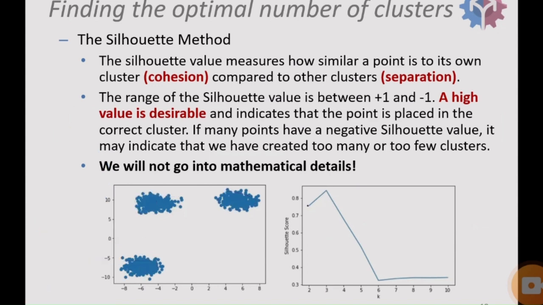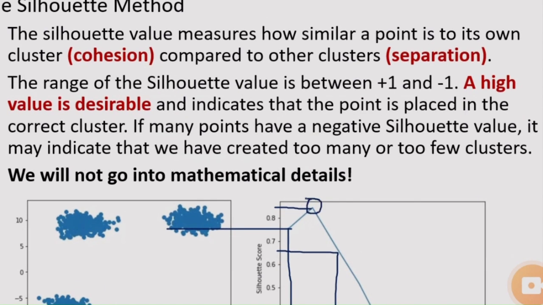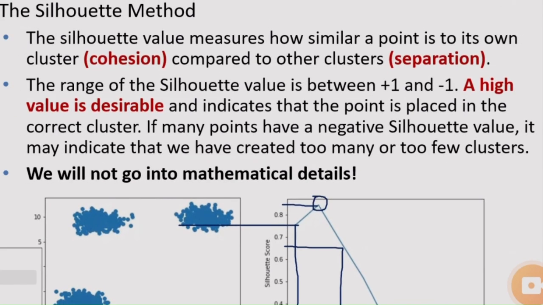When we use only 2 clusters, the Silhouette score was this much, 0.75. But when we use 3 clusters, the Silhouette score went to almost 0.9. When we tried 4, it came down again, to 0.65, and then at 6 it becomes very, very low, right? So that is why we pick the cluster number which is giving you the highest point on the graph.